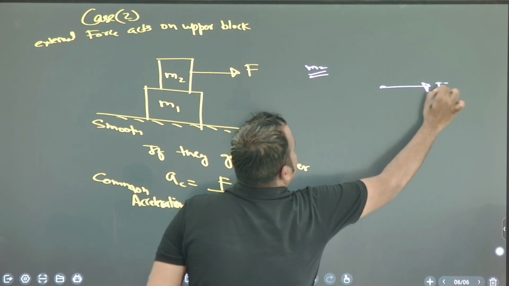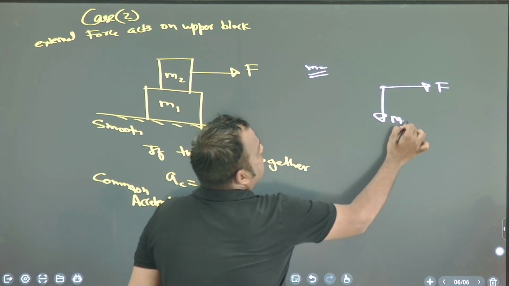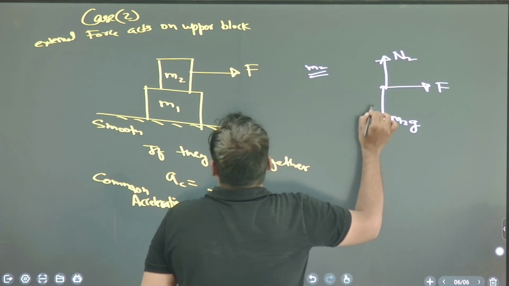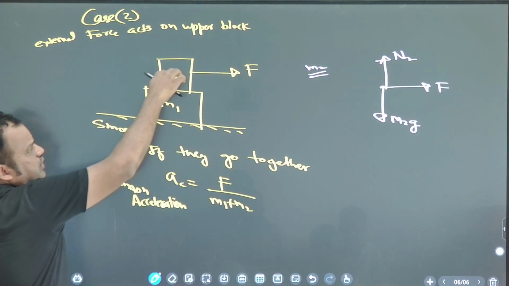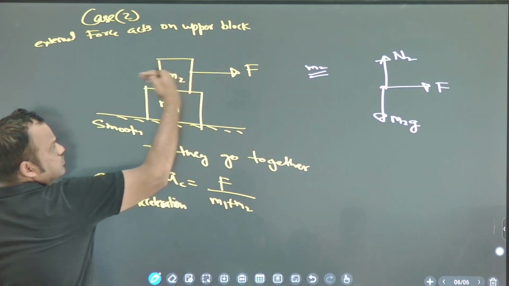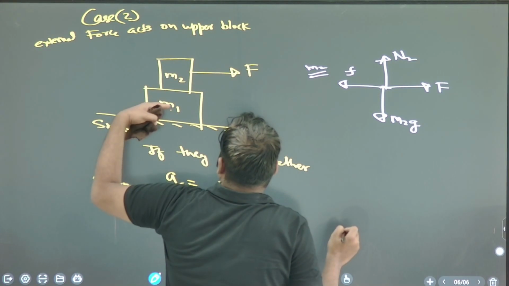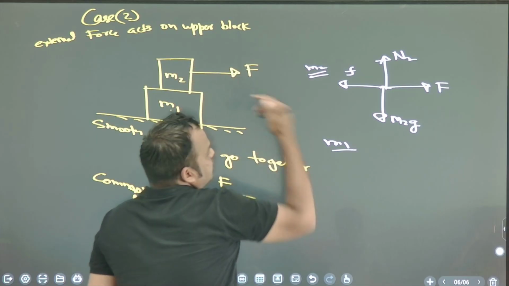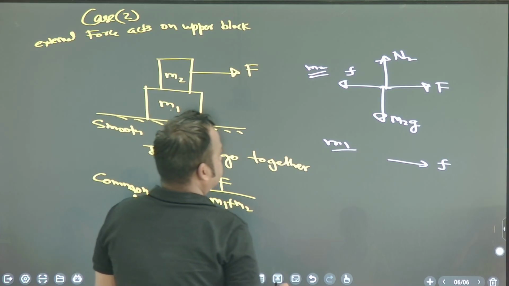Right side is F, downward is m2g, upward is n2. Now with respect to m1, m2 is going right side. So friction from m1 will be left side. So m1 exerts friction on m2 left side. So for m1 friction will be right side. Good, very good.